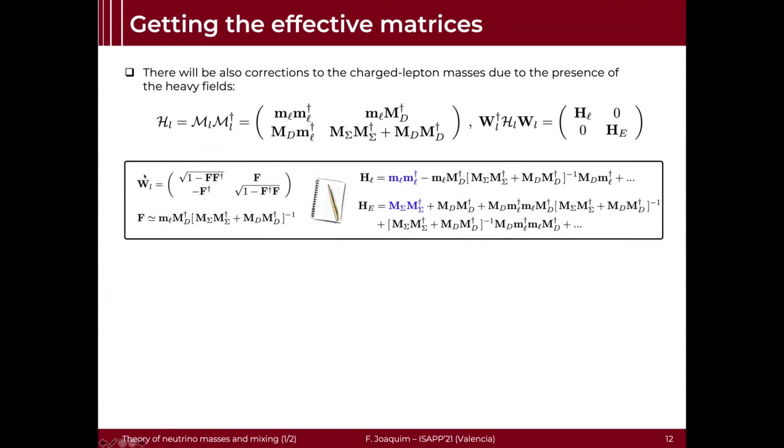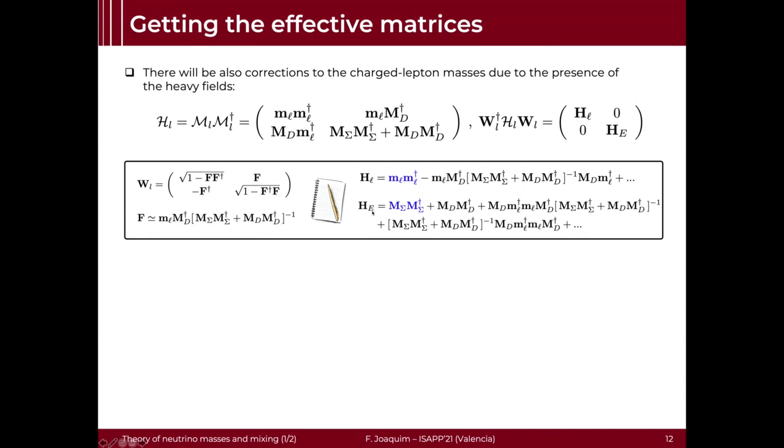Define the matrix F, diagonalize in blocks, and you will come to the conclusion that you have a heavy sector and a light sector. The light sector will be approximately given by ML dagger, which is the mass matrix that we are used to, plus corrections which are much smaller than these ones if M sigma is much larger than MD, as we are assuming.